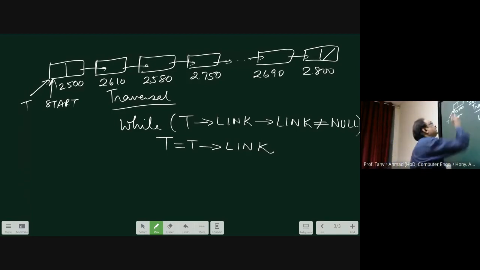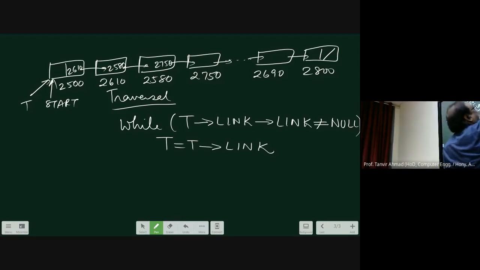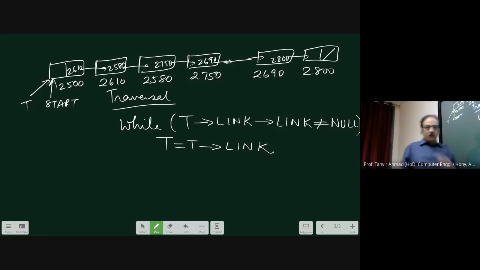Now in this case, 2610 is stored over here, 2580 at this place, 2750 at this place, then something, say anything, is stored over here, 2800, maybe 2690 at this place. Correct?